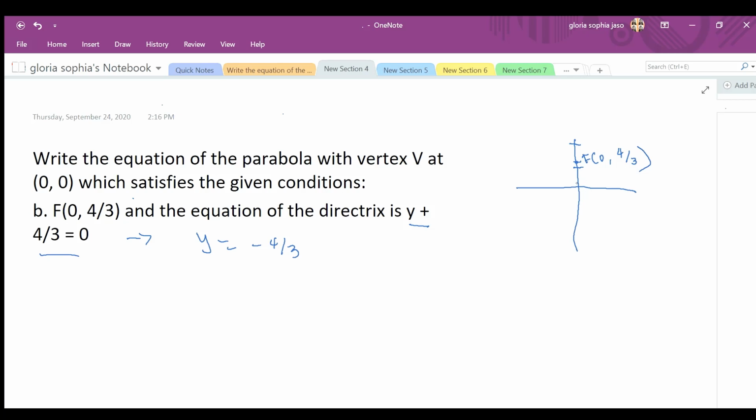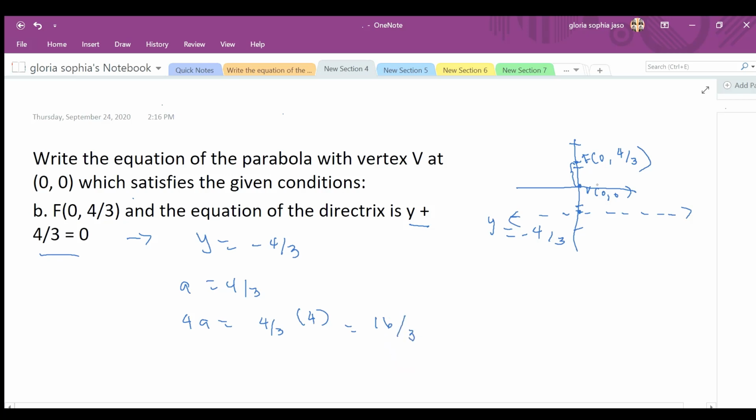If that is the focus and this is the vertex of the parabola, and the directrix is here, so that's the line y equals negative 4/3. Therefore, the value of a is 4/3. And 4a is 4/3 times 4, and that is equal to 16/3. So that is our 4a.